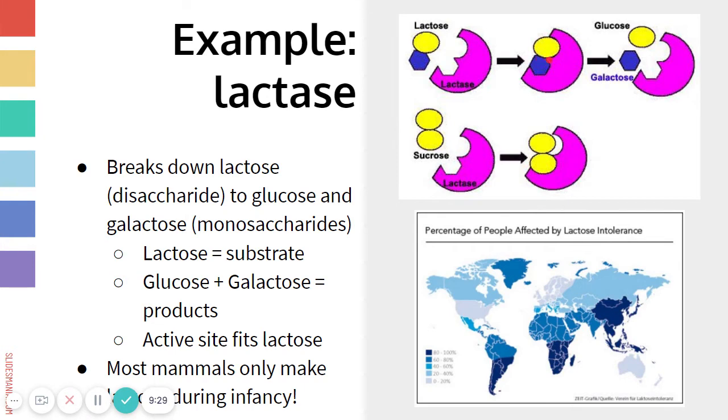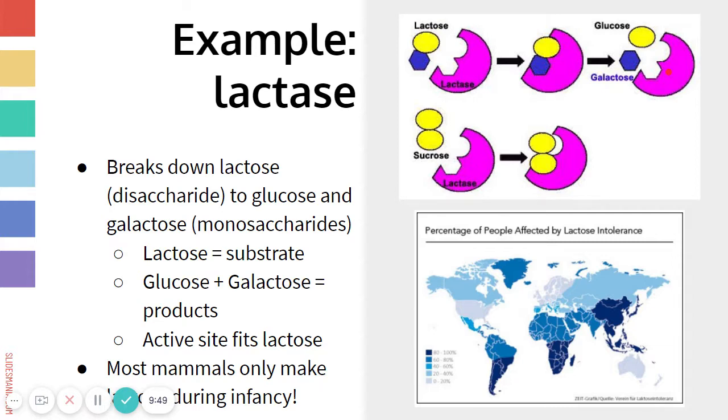You can see after it's bound, when the products come out, they're not connected anymore. They're separate. We have one single monomer of galactose and one single monomer of glucose. Those two molecules, glucose and galactose, are the products. So we've got the substrate, lactose, and the products, glucose and galactose.